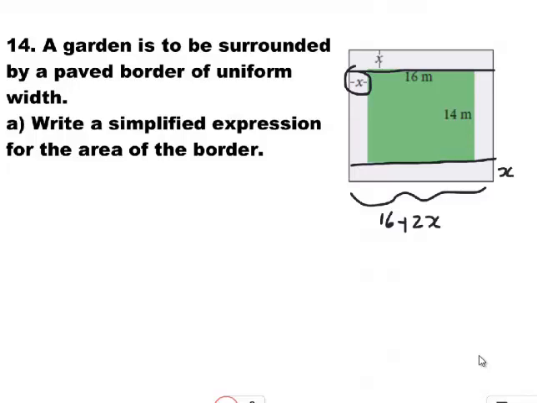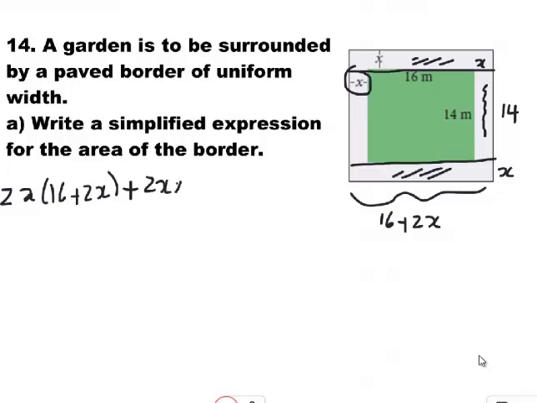So the area of the border is x times 16 plus 2x, but there are two of them here. One is this one and the other one is this one. So I multiply this by 2 plus the area here. This is 14 and this is x, and there are two of them, so it's going to be 2x times 14.